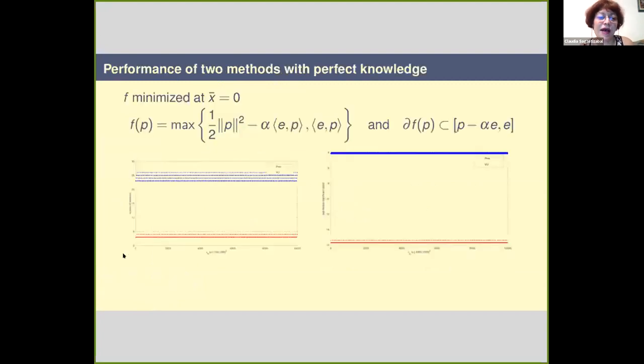As I said yesterday, if we have perfect knowledge of this function, we can compute explicitly the proximal point, we can compute all the subdifferential, and we can do the VU decomposition, which I didn't say explicitly what it is.